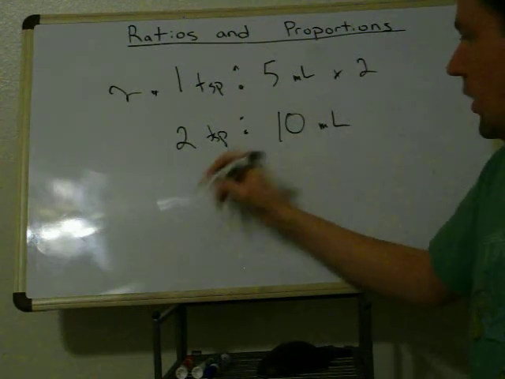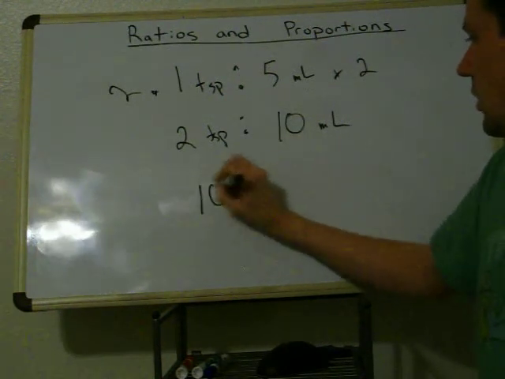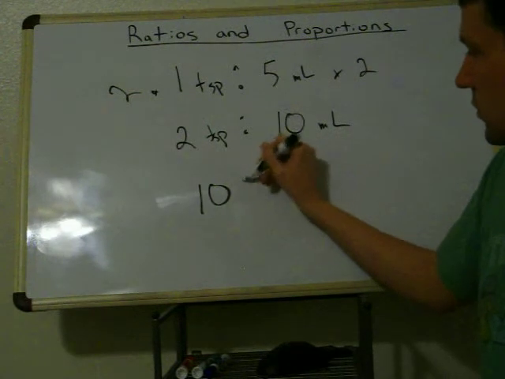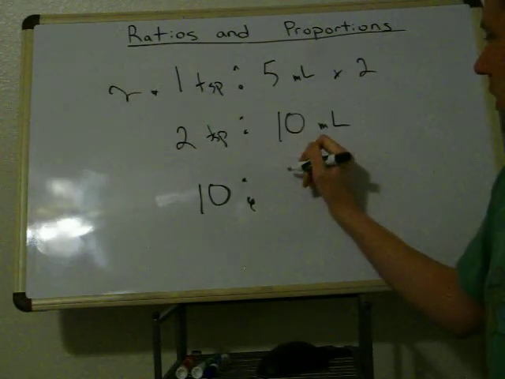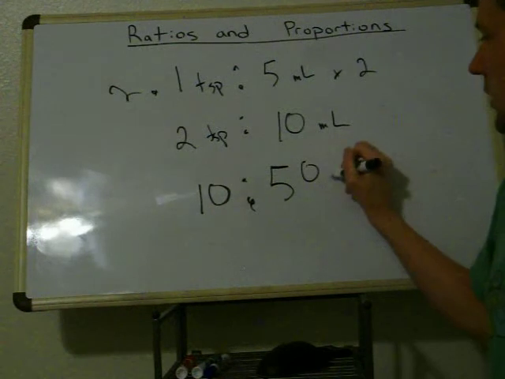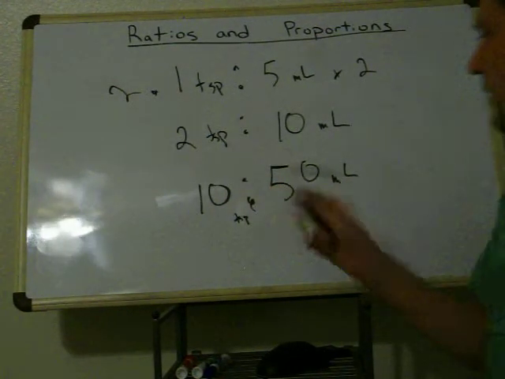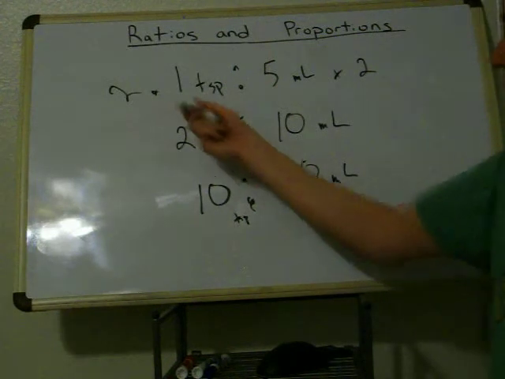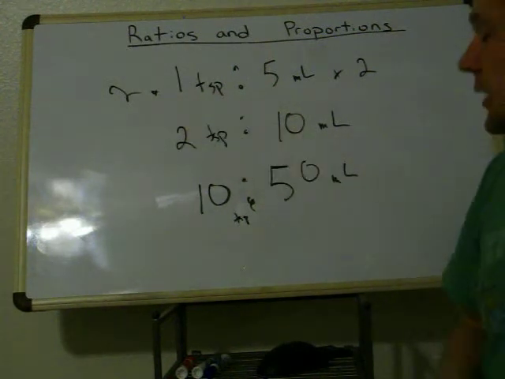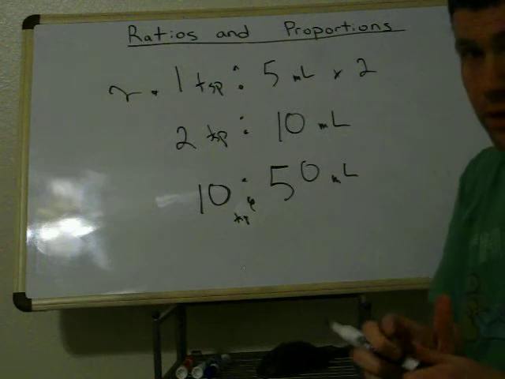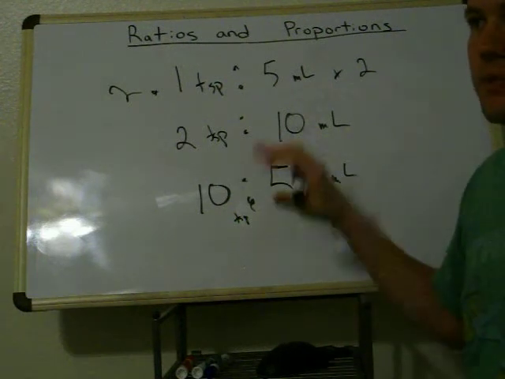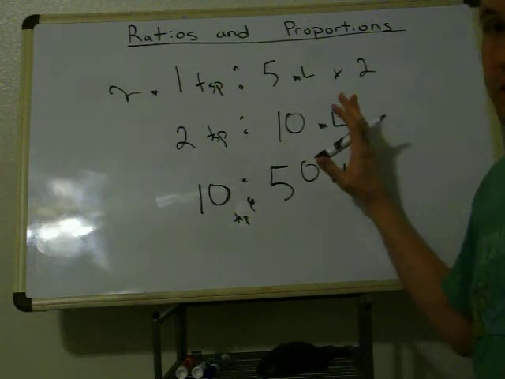Multiply each side by 10. So we have 10 teaspoons, and that's the same as 50 milliliters. 10 to 50 is the same as 1 to 5. So that's just one way that you can find different ratios.